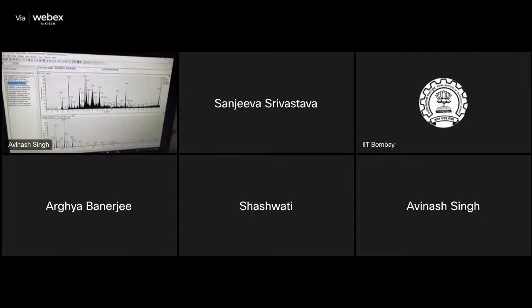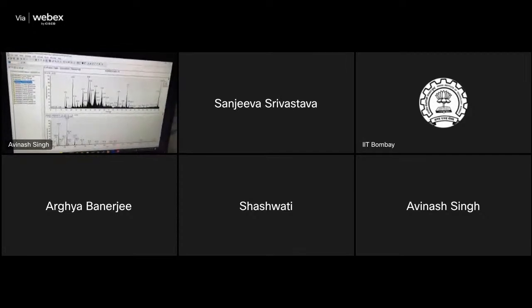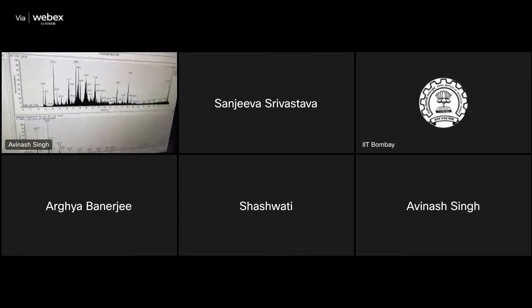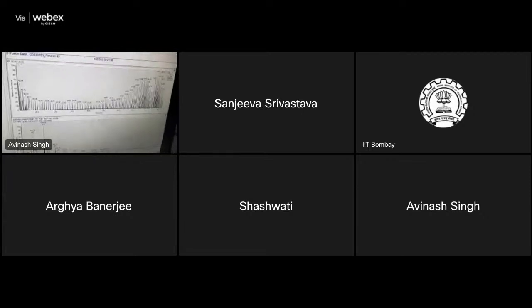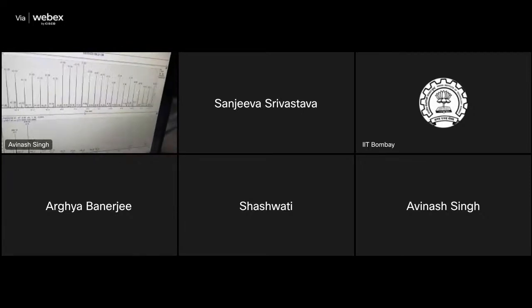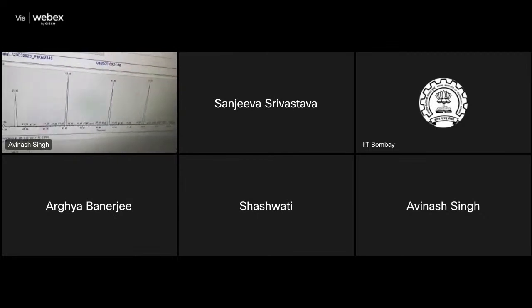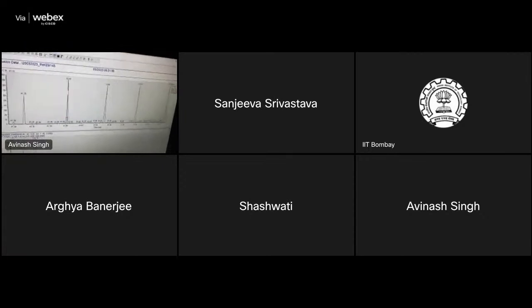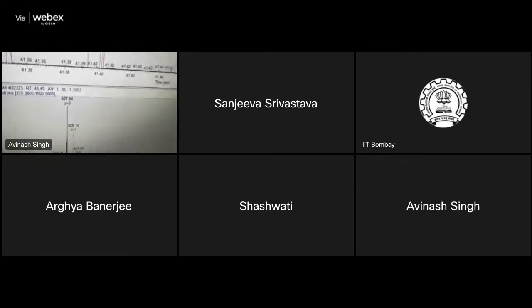This is how a chromatogram looks. This is the relative abundance and this is the time. You can check the individual peaks of these chromatograms. You just zoom in and check how the individual peaks are coming. These are responsible for each of the chromatograms, and you can see their MSMS fragmentation in the bottom column of the interface.